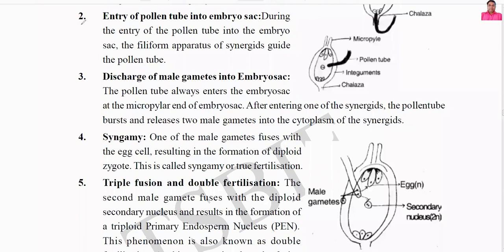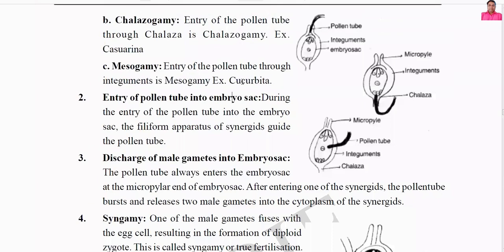The second one, entry of pollen tube into embryo sac. During the entry of pollen tube into the embryo sac, the filiform apparatus of the synergids guides the pollen tube. Here you can see the diagram.